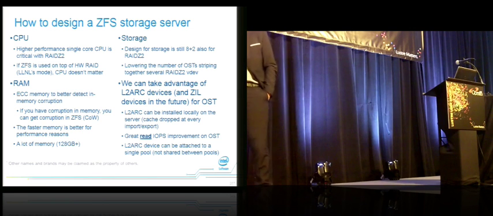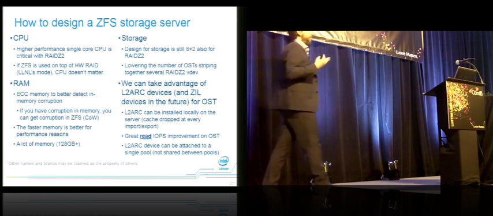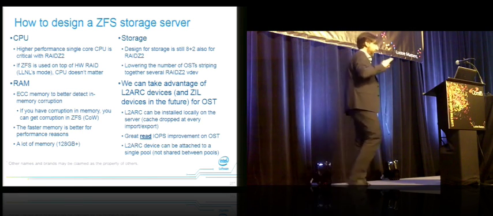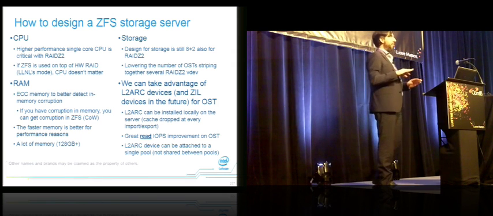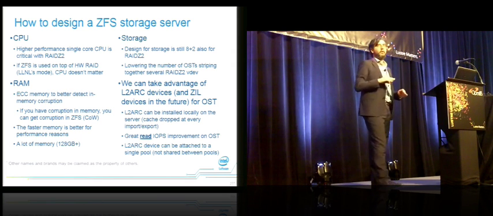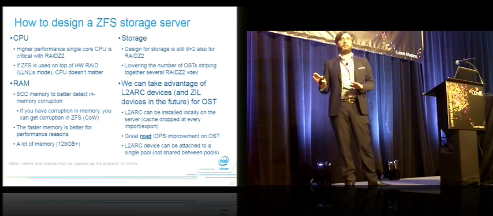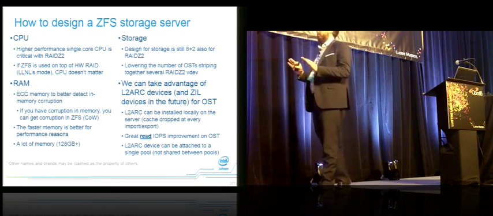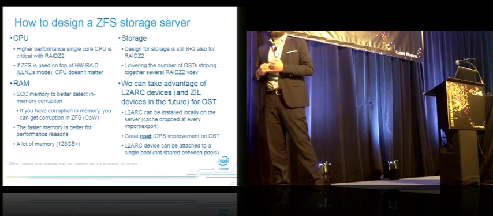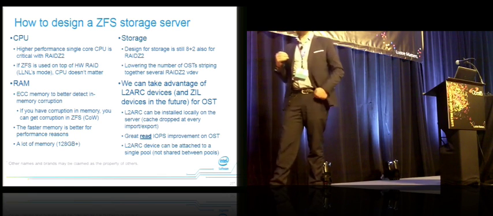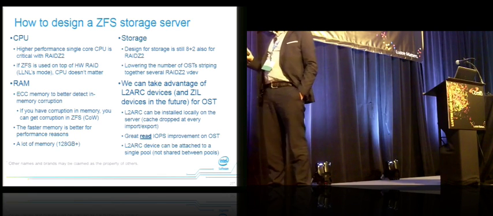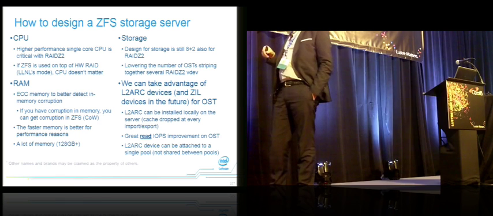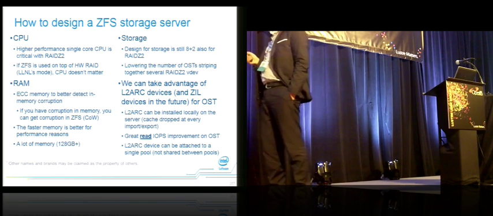RAM is very important. ZFS is robust, okay, but it is copy-on-write. If you have memory corruption, you have file system corruption. So ECC memory is very important. And a lot of memory: 128 gigabytes is what we suggest, at least.